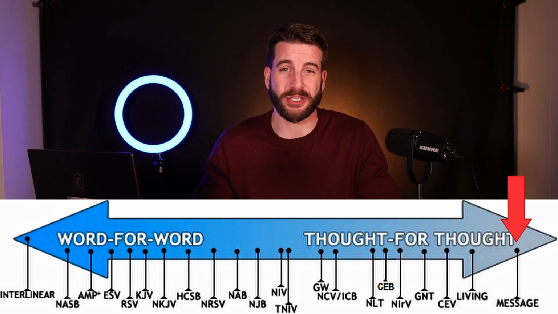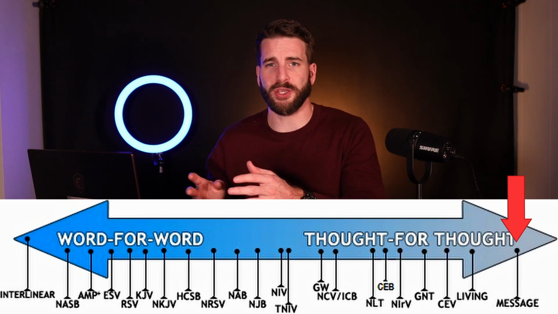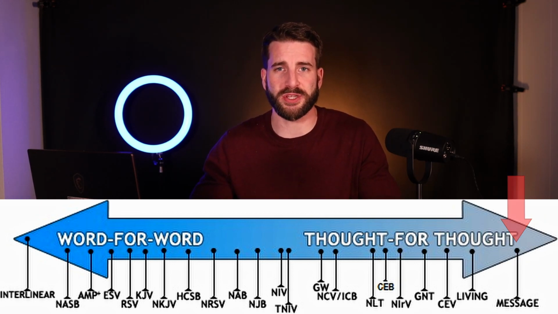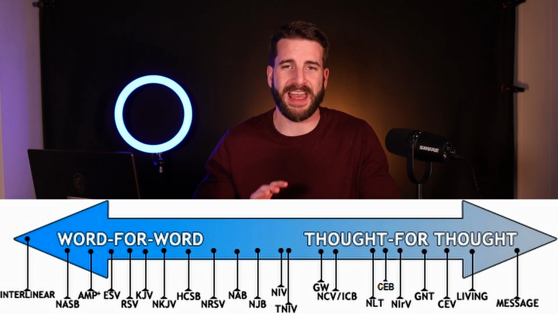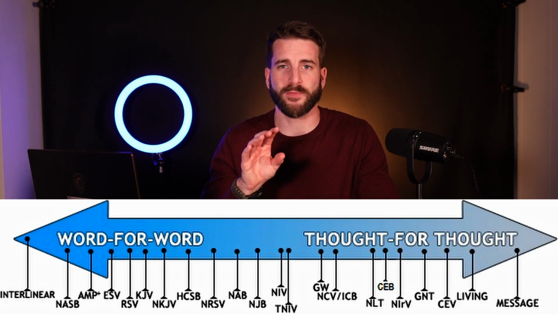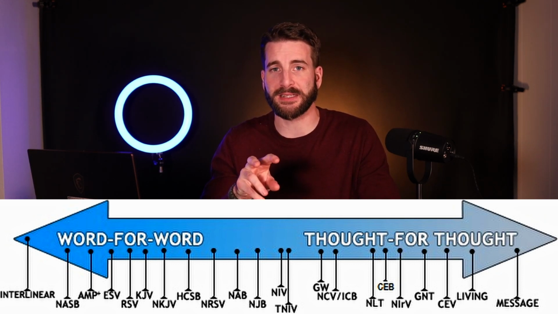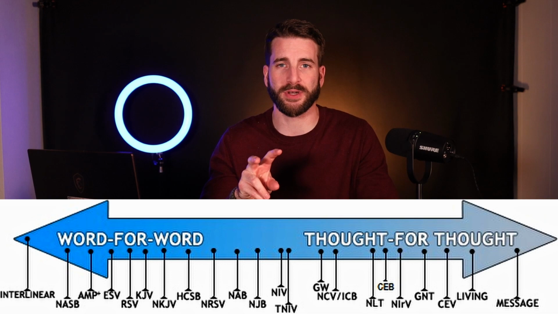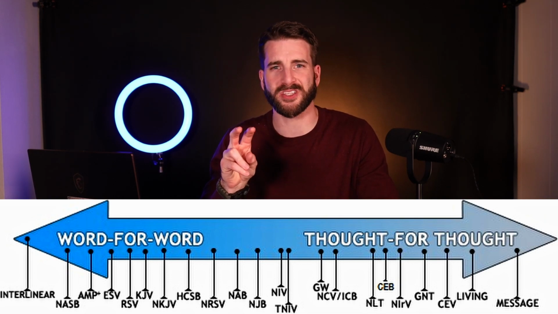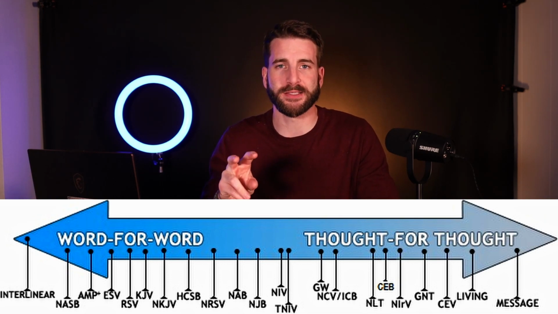And the Message isn't even a translation. I would call the Message a paraphrase or just a commentary on the Bible. It's not the Bible. So you can see how different translations get further and further away. That gives you an idea of what Bible you're holding in your hands. Is it a literal translation, or is it what would better be phrased an essentially literal translation?